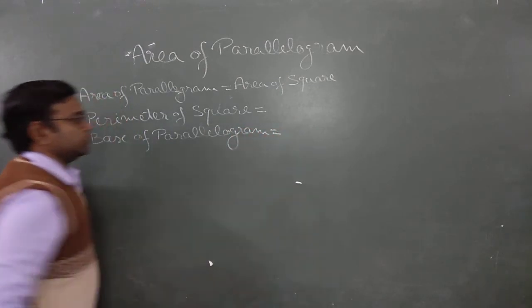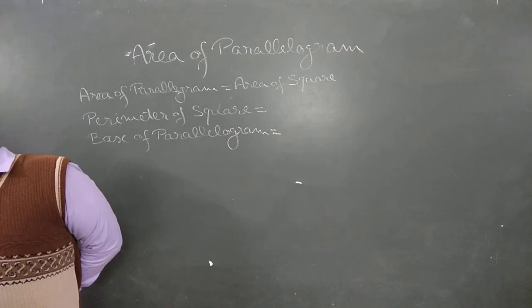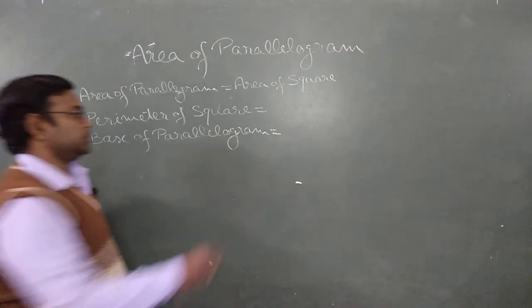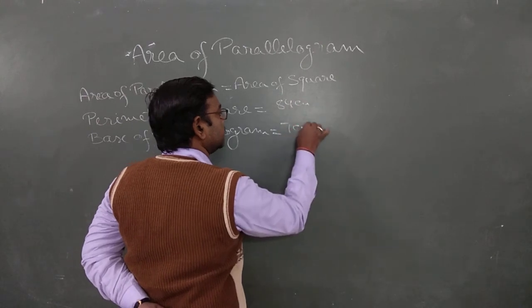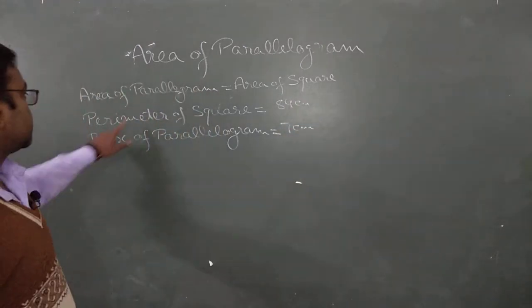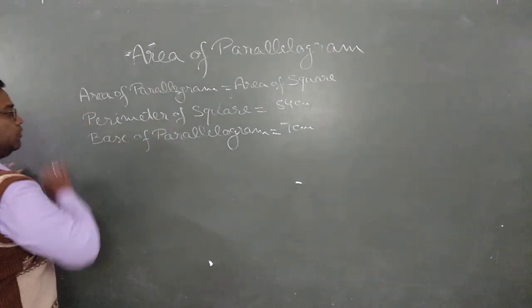These two are given to you, 84 and 7 centimeter. This is your 84 centimeter, this is your 7 centimeter. So from this we can easily find out the area of square.